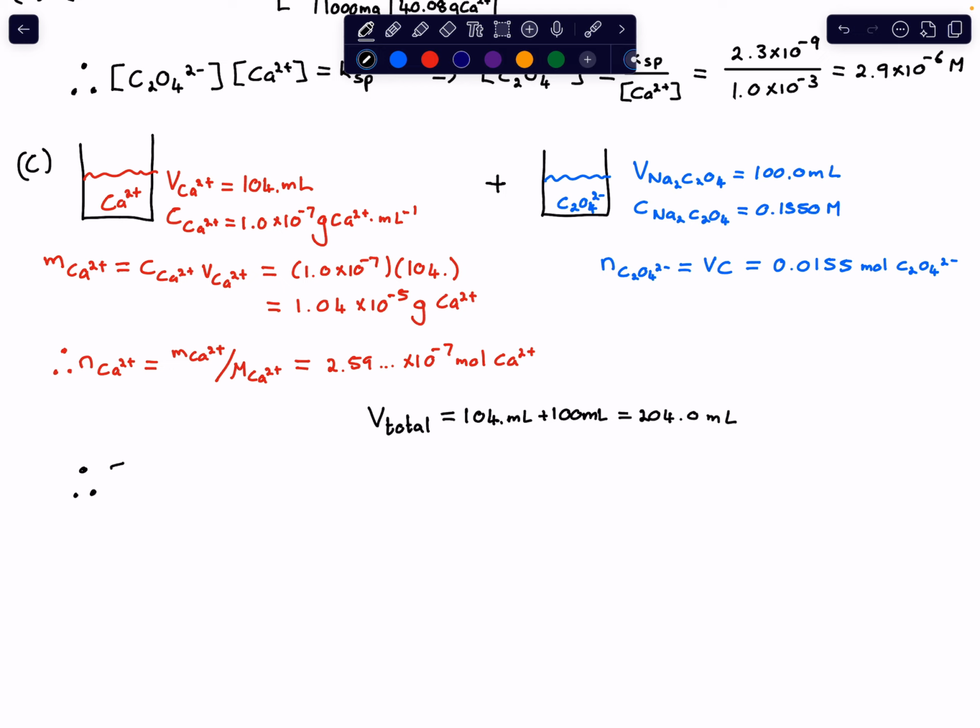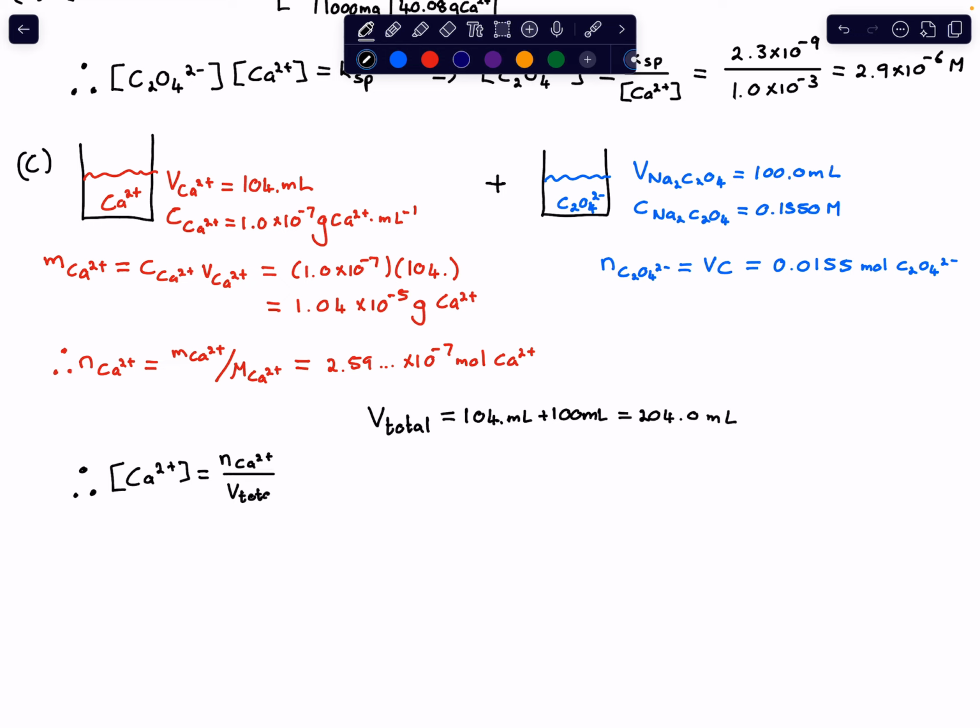Therefore, our calcium has a concentration which is equal to the number of mole of calcium 2 plus divided by this V total. Of course you need to convert it to liter, so that's 0.204 liter.